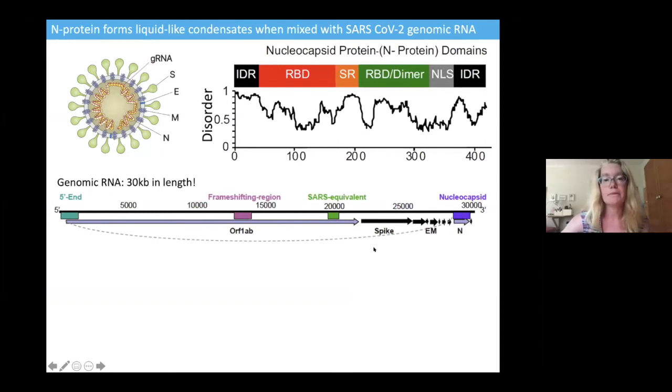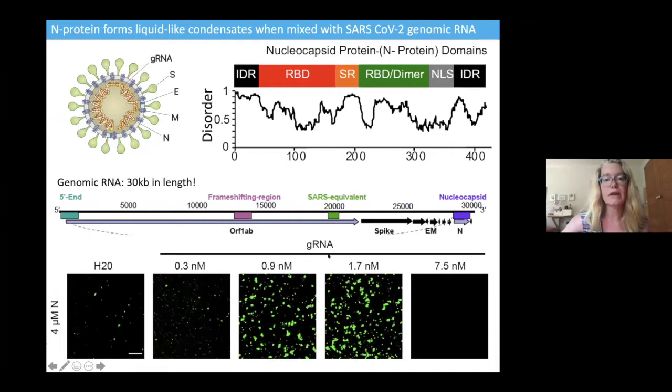And our first experiment that I'm showing is that when we mix full-length genomic RNA with nucleocapsid under physiological ionic strength, we can see that nucleocapsid on its own forms some small assemblies, but when we incubate it with genomic RNA, we see robust phase separation, the formation of these spherical condensates.